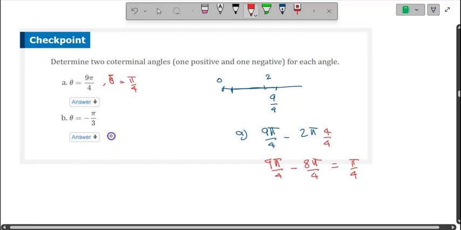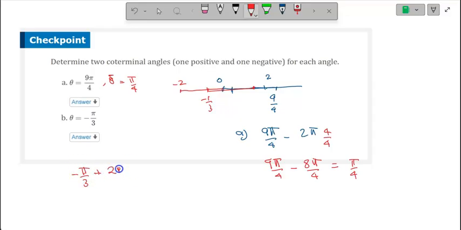Now, the other one is negative. So negative is going to fall somewhere here, minus 1 over 3. What you want to do is add 2 to it to bring it back here. All right, so let's do the calculation. Minus pi over 3 plus 2 pi.